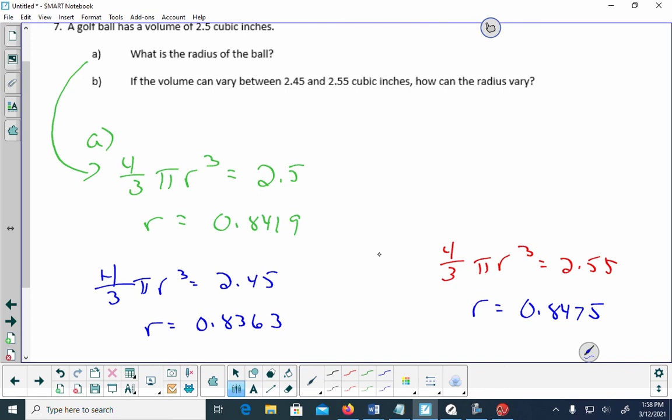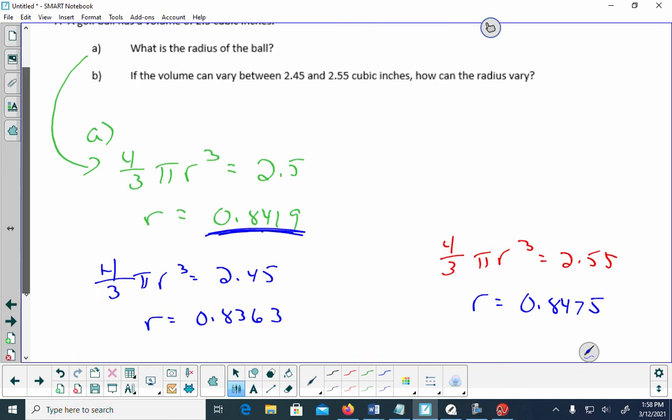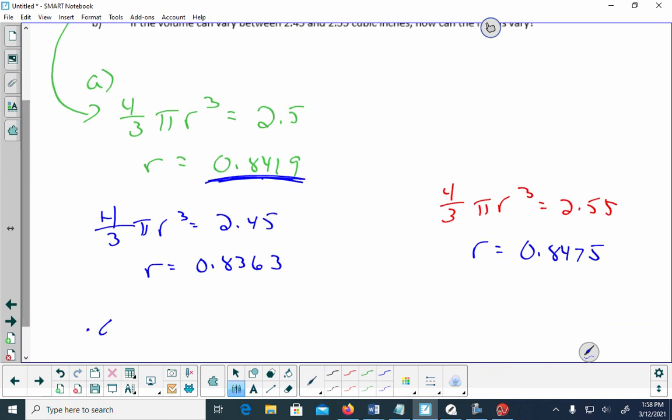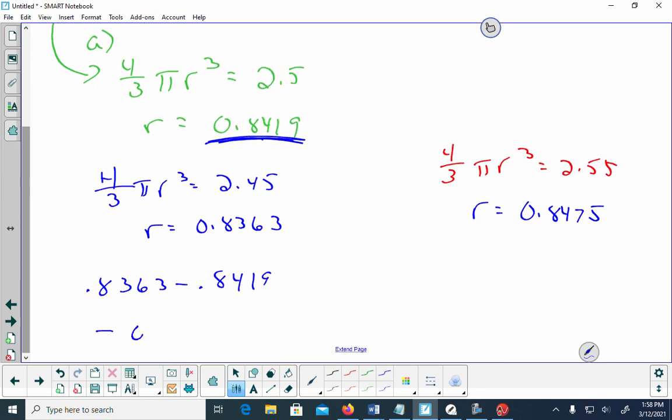To find out how much it can vary, remember this is the perfect radius right there. So if I take this 0.8363 and subtract this 0.8419, I get a negative 0.0056.